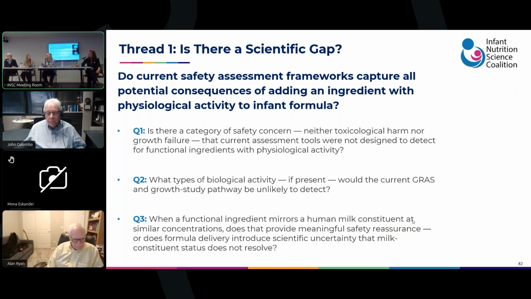We can talk to John and others about, if you're going down a neurodevelopmental pathway, what cognitive assessments do we recommend be tested, and at what ages, and for how long. If we're talking about gut health, how do we measure microbiomes, and what are we chasing, and what are the standards? I think it's a place to start where we can say, these are the things we expect you to test at a minimum if you're going into these systems.